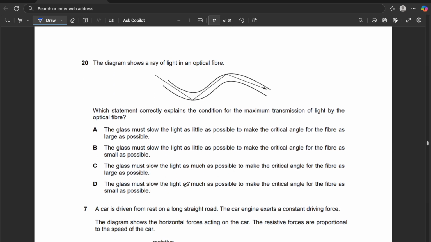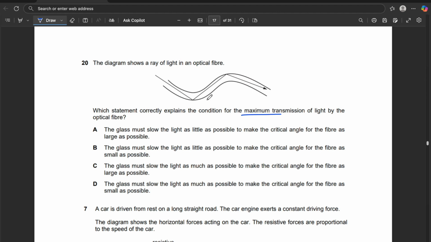The diagram shows a ray of light in an optical fiber. Which statement correctly explains the condition for the maximum transmission of light by the optical fiber? So it says maximum transmission.